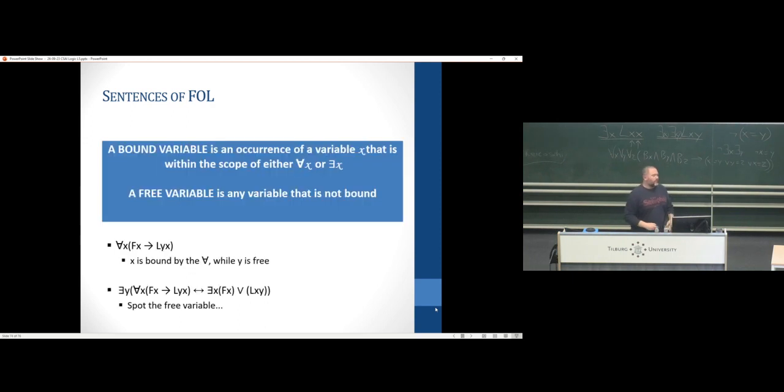So, the last bit to get us to our definition of an FOL sentence has to do with the variables. We can say that a bound variable is an occurrence of a variable within the scope of an associated quantifier, and a free variable is one that isn't bound. So, for example, in this one here, the x is bound by the universal quantifier.